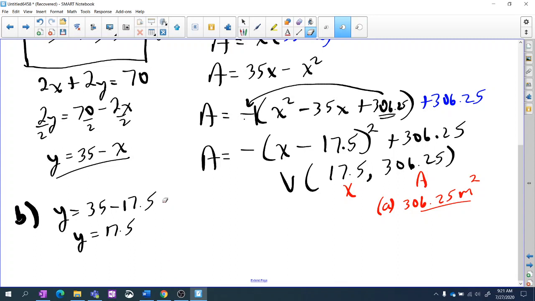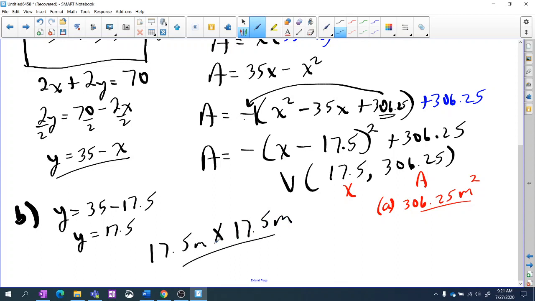So it would be 17.5 meters by 17.5 meters. Let's just make sure that's 70. 17.5 times 4 is 70 meters.